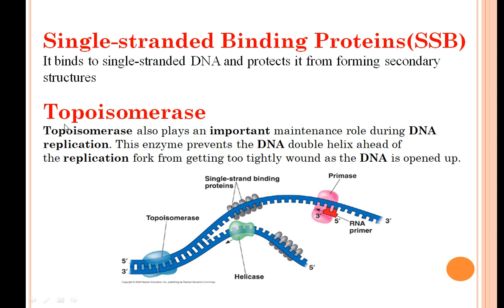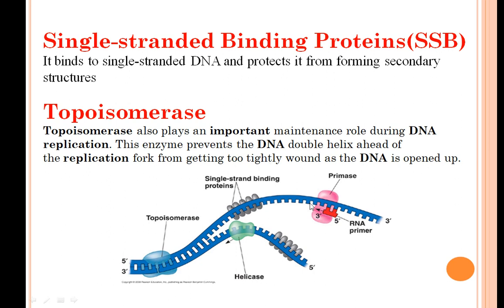Now topoisomerase plays an important maintenance role during DNA replication. This enzyme prevents the DNA double helix ahead of the replication fork from getting too tightly wound as the DNA is opened up.